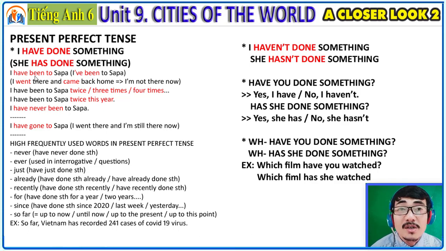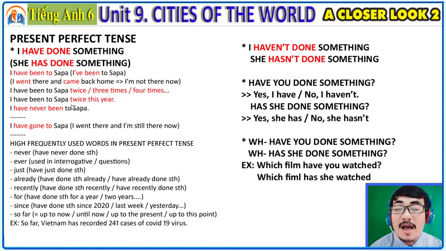I have been to, that means I went there and I came back and I'm not there now. I have been to Sapa, I have been to Singapore, I have been to America, etc. I have been to Sapa twice or 3 times or 4 times.